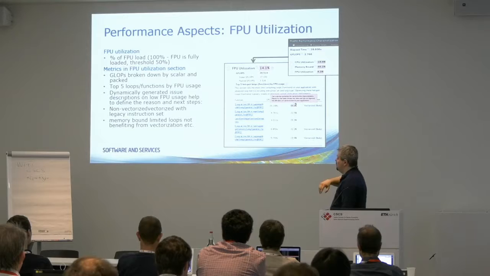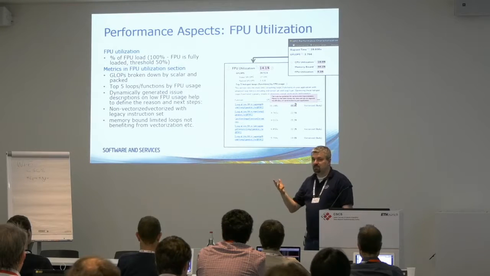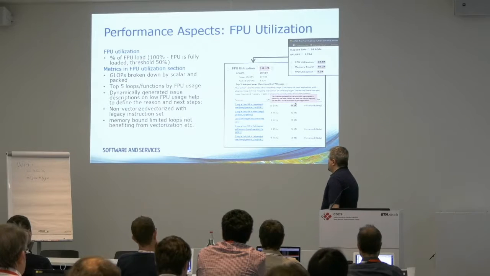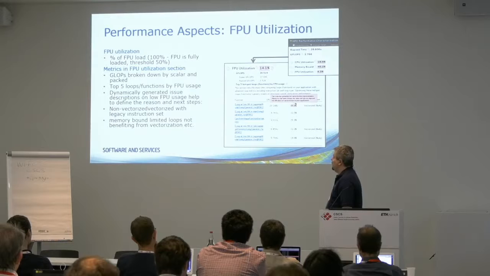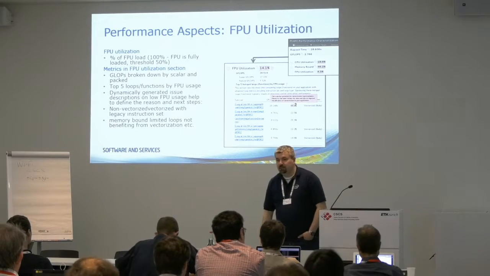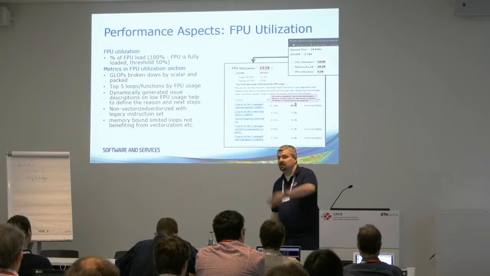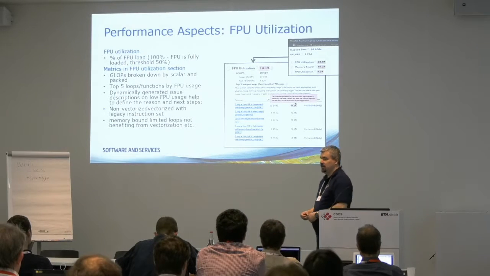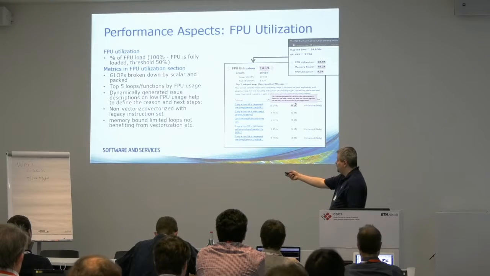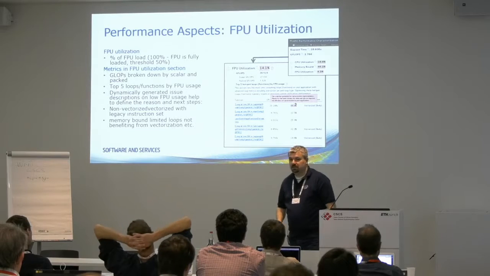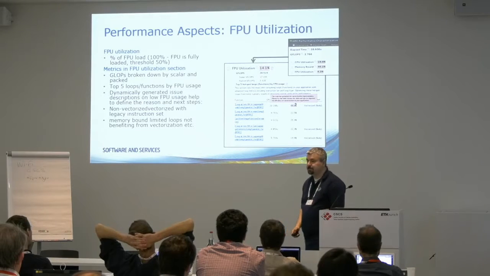It tells you whether or not you're using non-vectorized instructions with a legacy instruction set. And it also gives you some indication whether or not you have memory-bound loops that are not really benefiting from SIMD vectorization. We had a similar question earlier in the OpenMP SIMD talk, where if you have a really memory-bound loop, then the benefit from vectorization is rather low and limited. Okay?